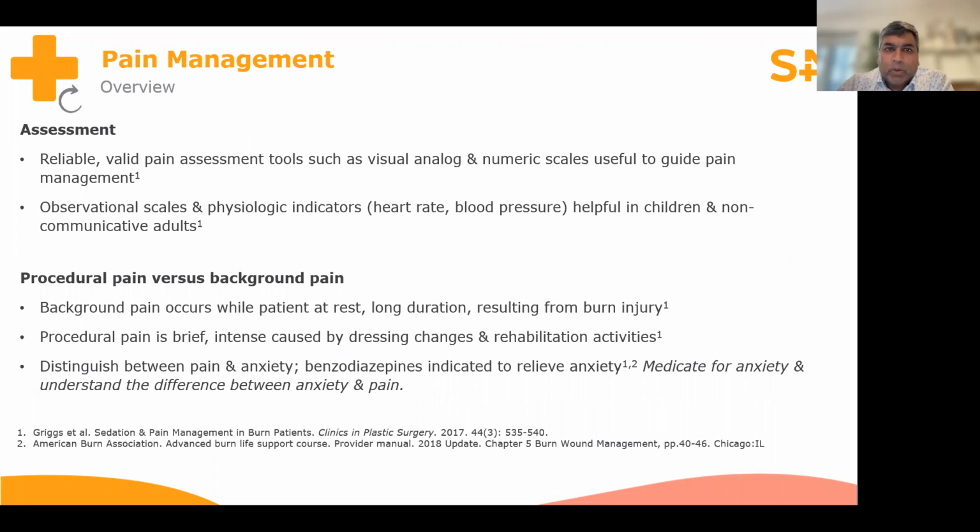And it's really important to differentiate between anxiety that's associated with the dressing changes and pain itself, and not rely on analgesic medication to address anxiety. There's a lot of evidence that mindfulness techniques and breathing techniques can help decrease the amount of pain and anxiety that individuals experience during burn dressings. So we use those fairly aggressively in our unit.